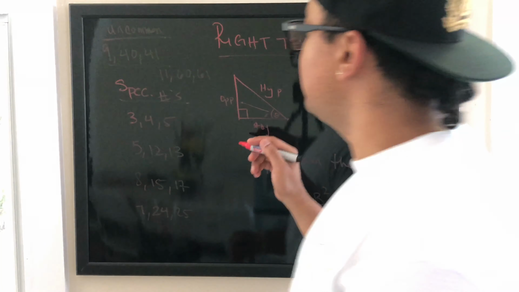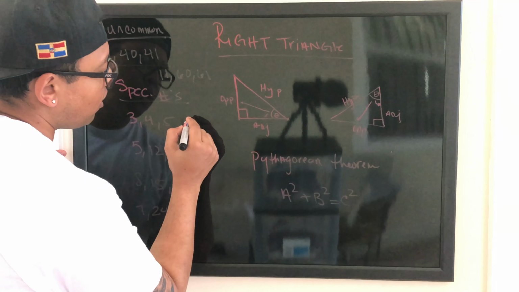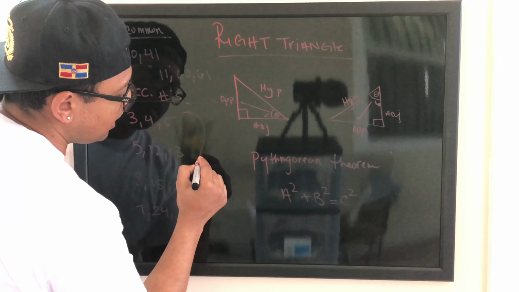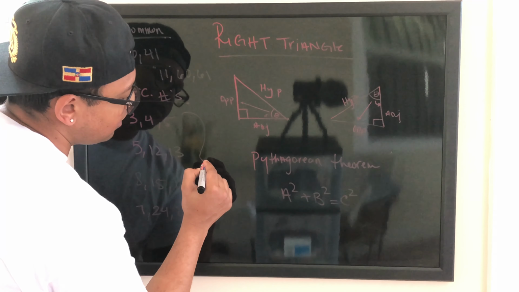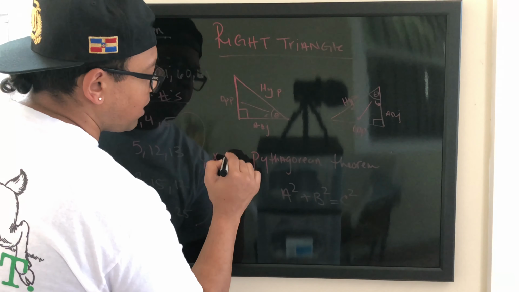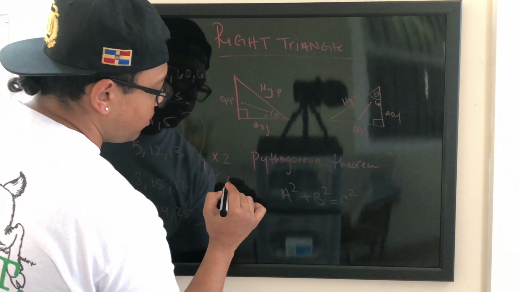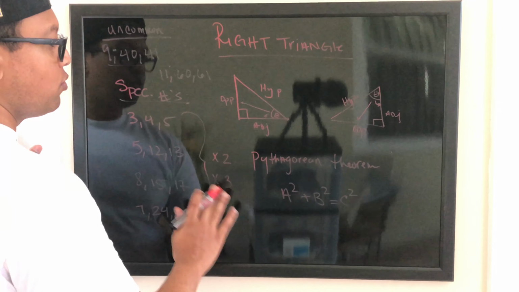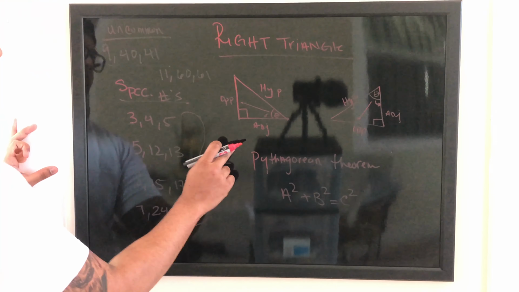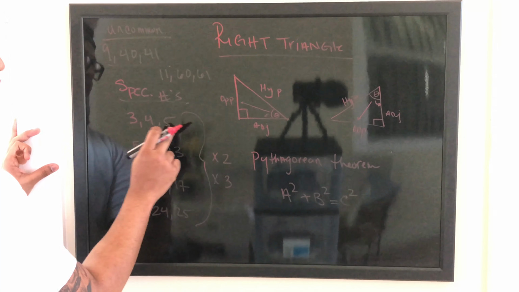Another thing is, these sets of numbers are also special numbers of doubles and triplets. You can either multiply them by 2 or multiply them by 3, and they will give you a special double or triplet that you can still use. If I multiply by 2, this one would be 6, 8, 10.